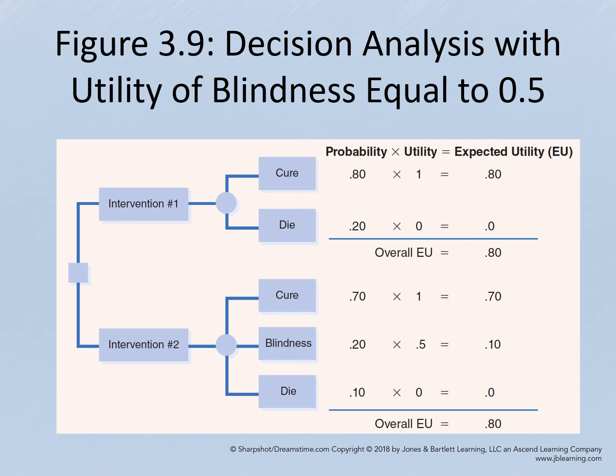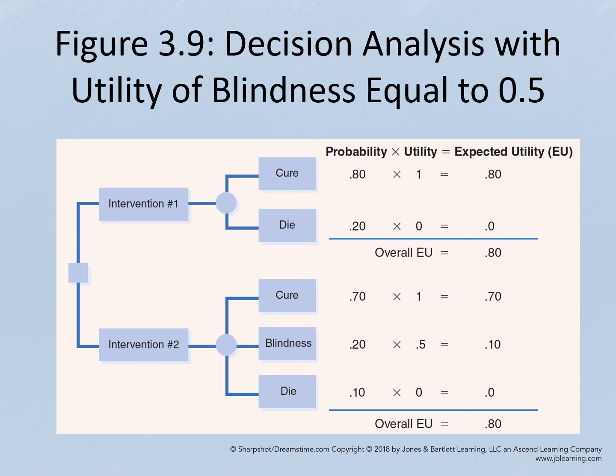So the utility is higher at 0.8. Your score would differ. And some might rate it as 0.2. They say, no, I cannot live with being blind. So I have a lower utility for being blind. So based on that, my expected utility would vary.